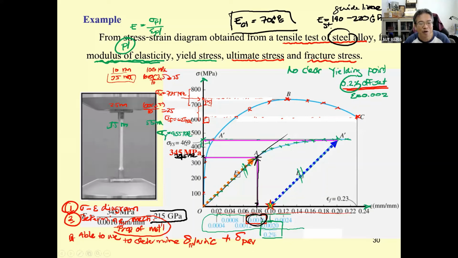What do you get? 469. Quite a little bit different, but anyway, there is a range. Ajahn will check you most of the time with about 5% tolerance: up 2.5, lower another 2.5, and that is going to be the yield stress. These two properties are based on the fine scale. For the ultimate stress, you use the large scale, and you get very close to 745.